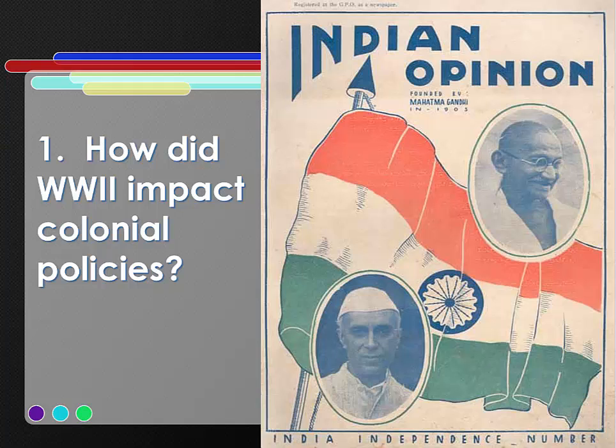In addition, the U.S. opposed Europe having empires, especially after World War II. And our civil rights movement, in a lot of ways, echoed the values of the colonists. Dr. Martin Luther King was very, very influenced by Gandhi and his methods of fighting for freedom for the Indian people.